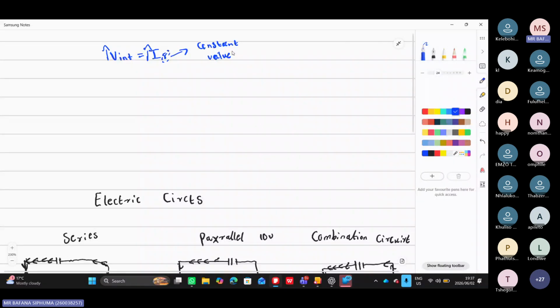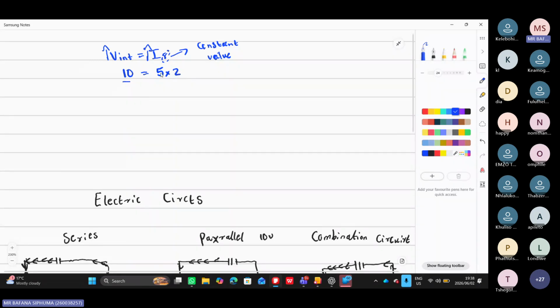The only things that we can manipulate are the voltage and the current. If we start with maybe 10 on the left side, it means my current has to be something like 5 and my internal resistance something like 2, so that 5 multiplied by 2 gives 10.